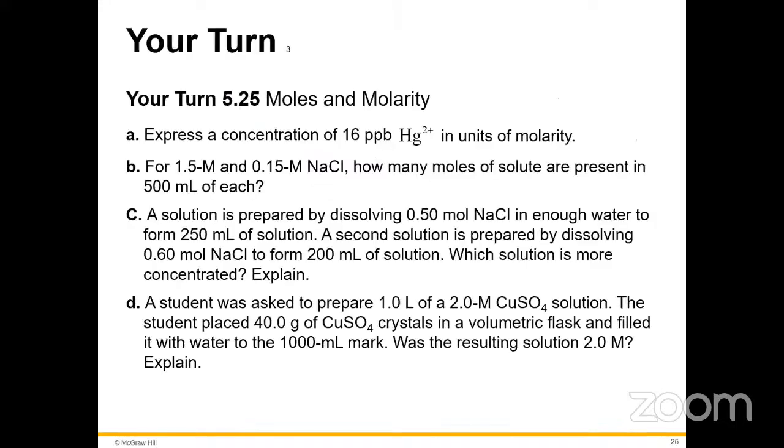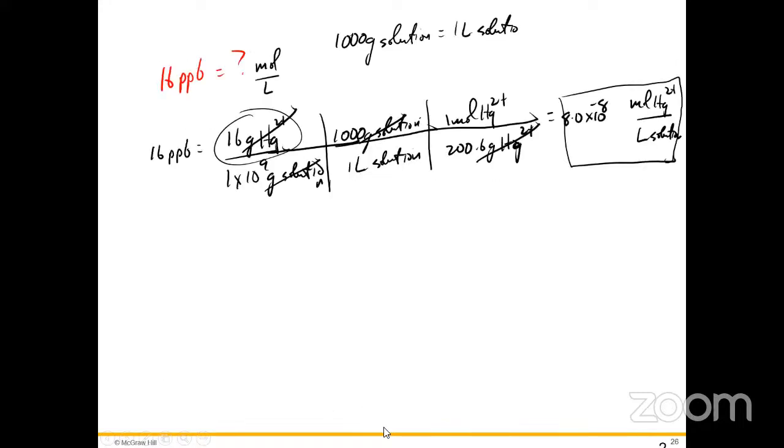Okay, the next question, let me scroll back up. It says, for 1.5 m and 0.15 m sodium chloride, how many moles of solute are present in 500 mL of each? Okay, I'm just going to do it for one of them, and then you can probably work out the other one. So I'm going to start with the 1.5 m. So for the 1.5 m sodium chloride solution, the volume is 500 mL of the solution.